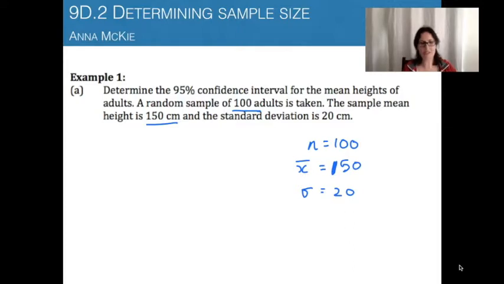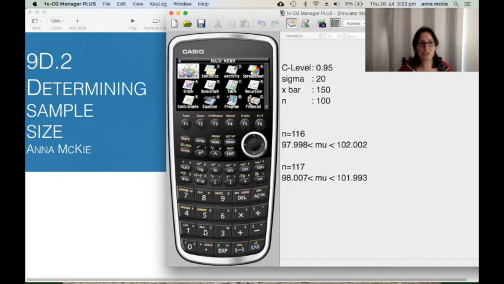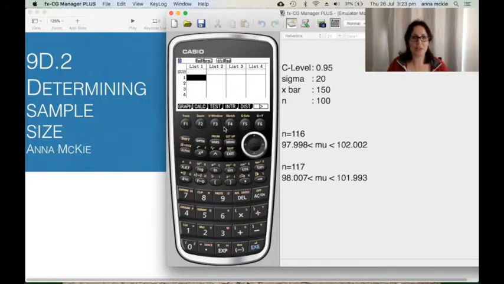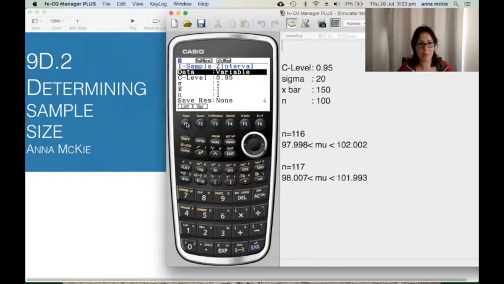So to do a confidence interval, we go to our graphics calculators. We're going to select menu 2 for statistics, and we're doing an interval for a confidence interval for Z, and it's one sample. And here are our options here that we need to input. Confidence level is 95. It's asking us for sigma. I've got it written off to the right here of 20. Our X bar is 150 and our N is 100.